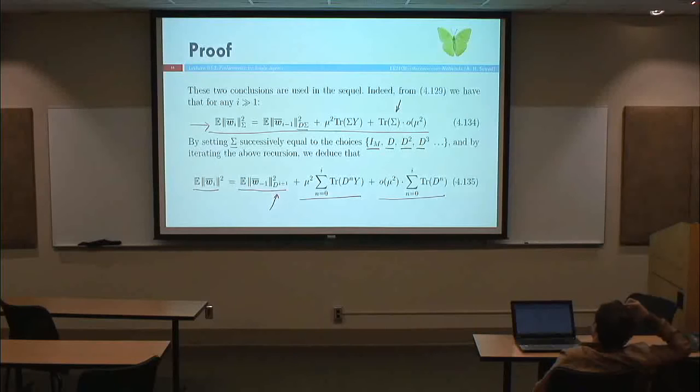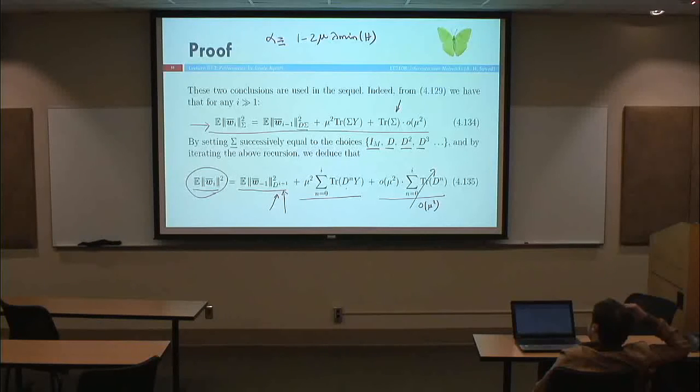Now if you look at this recursion, you will see that this converges at a rate that's determined by the spectral radius of D, because you have the power of D there. And the spectral radius of D, I just showed, is 1 minus 2 mu lambda min of H. So the convergence rate is determined by this quantity. As i goes to infinity, this is bounded, so this continues to be a small order of mu squared. And as i goes to infinity, what do you get here?